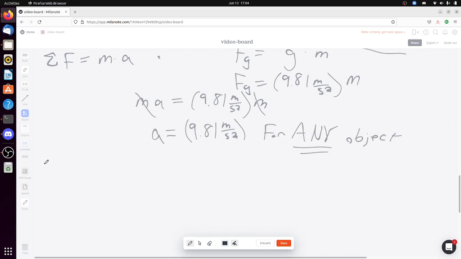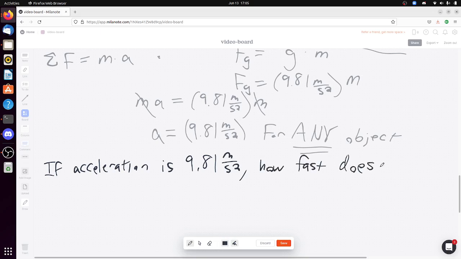So if acceleration is 9.81 meters per second squared, how fast does the object go?